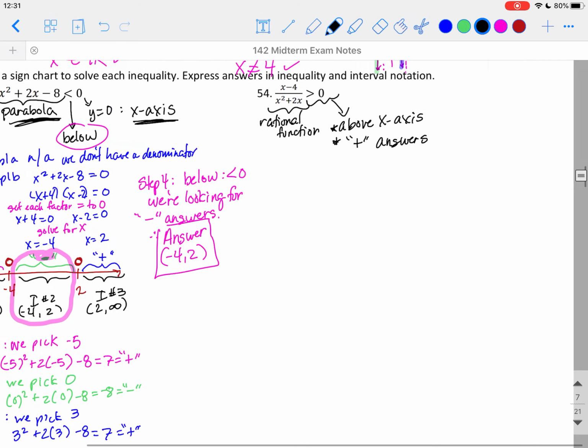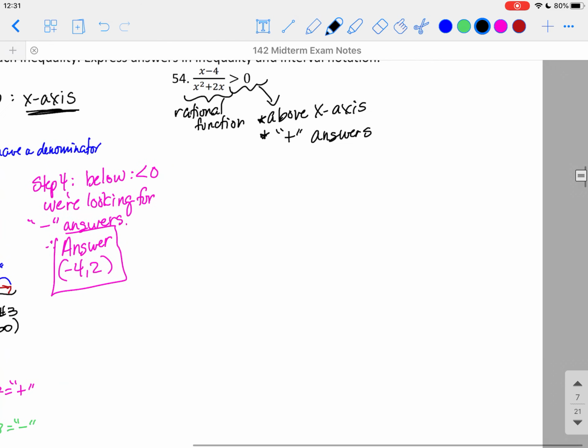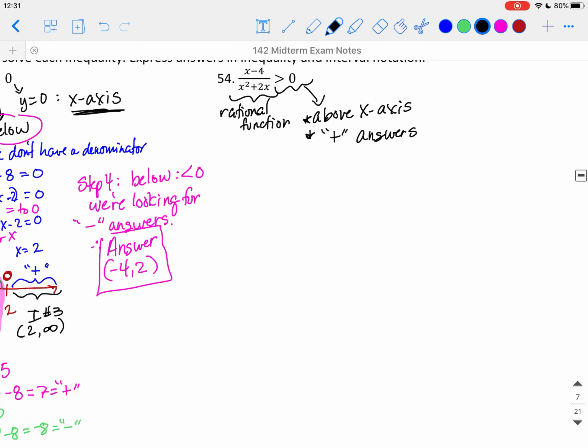Okay, so let's do these steps here. Let me divide this out. All right, so step 1a. We need to set the denominator equal to 0. So it's x squared plus 2x is equal to 0. It's a quadratic.